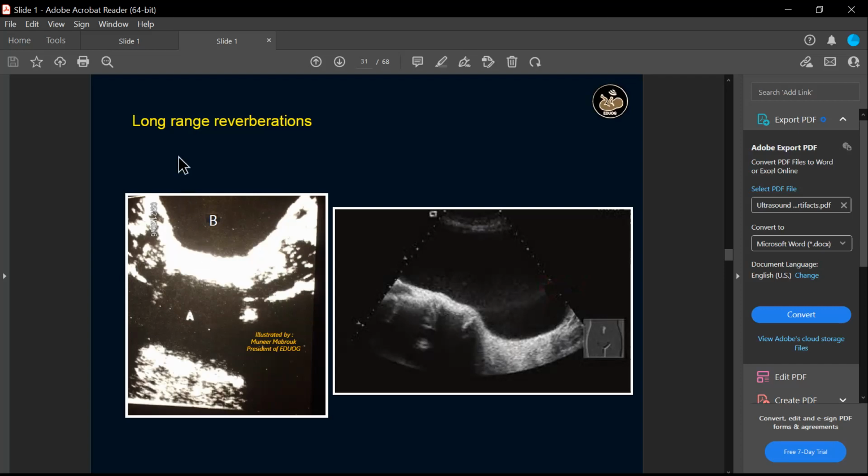This patient underwent total hysterectomy 2 years ago, and she came now with pelvic discomfort. When you scan, you see this.